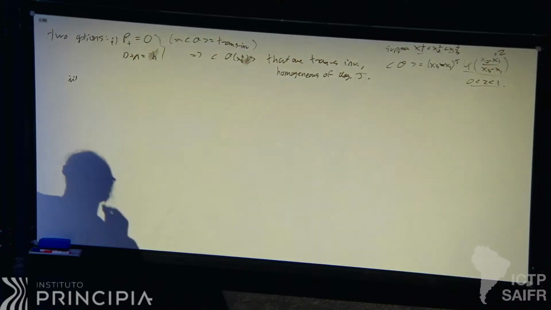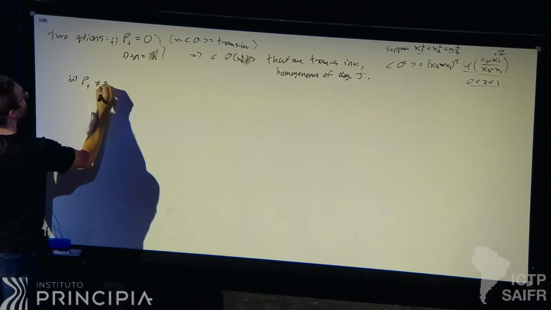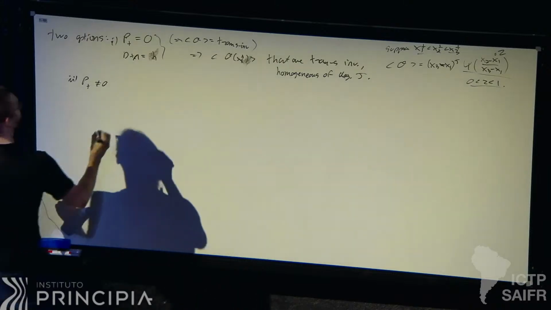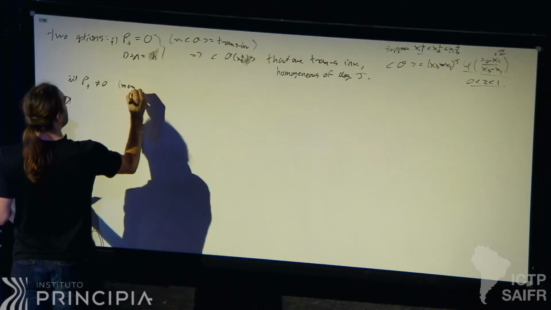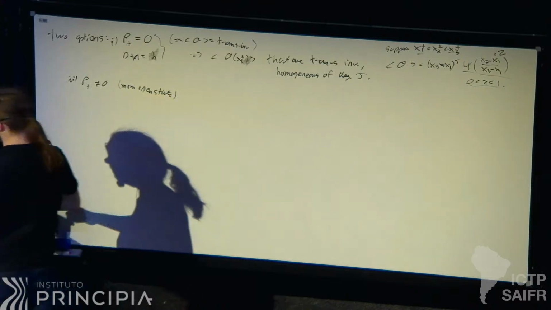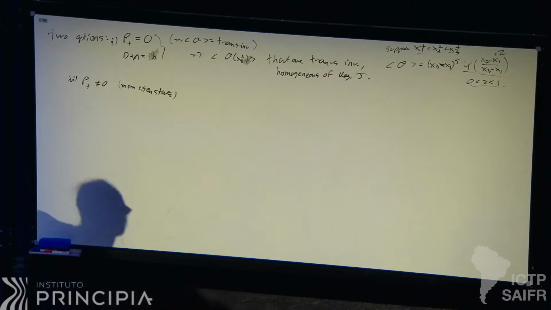Another option you can do is diagonalize P not equal to 0. So you look at momentum eigenstates in this object. It's still true that things are just a function of one variable.